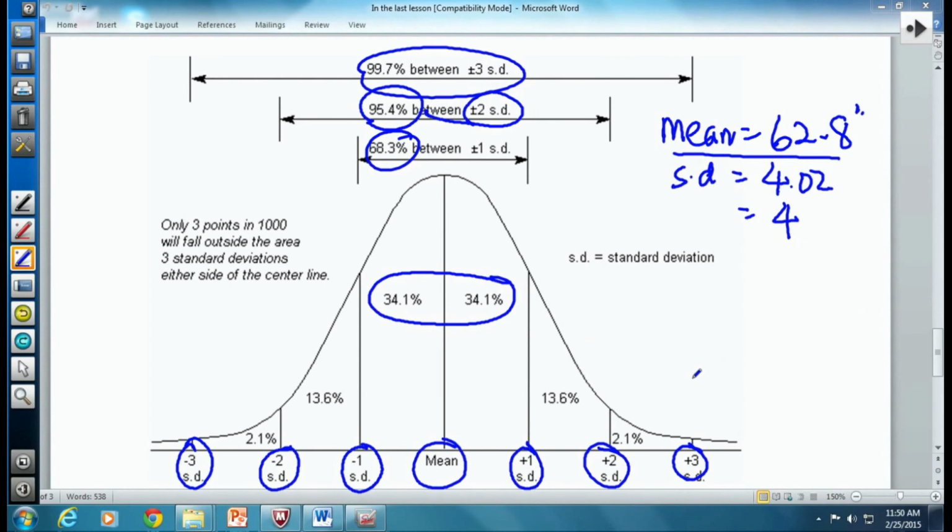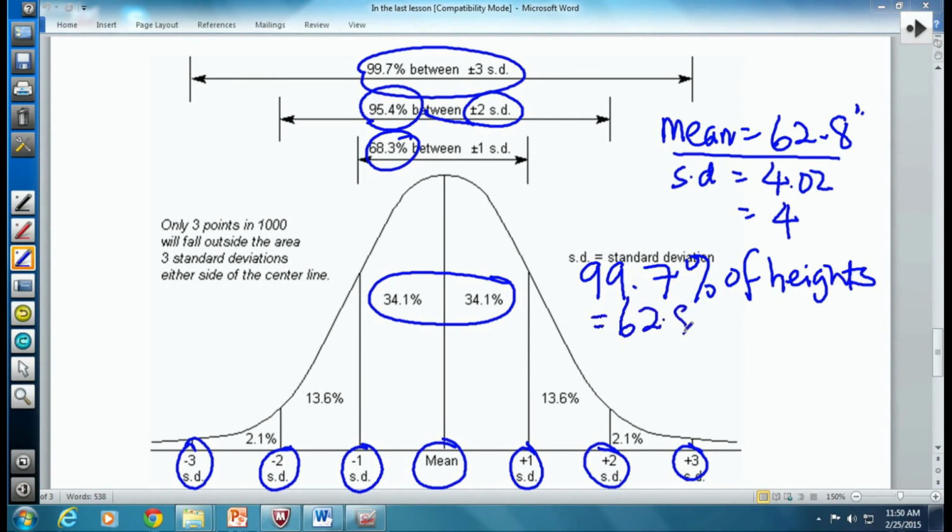And finally, we can also say that 99.7% of heights will be 62.8 plus minus, now what do you think the standard deviation multiple here will be? Okay, remember this is 3, right?